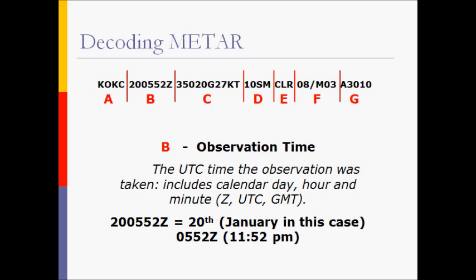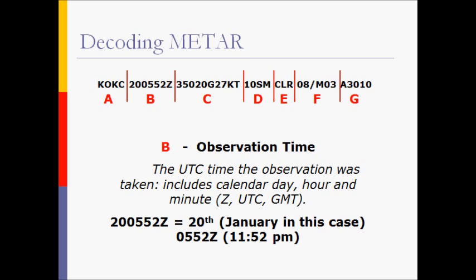The next 4 numbers give the UTC time that the observation was taken at. UTC is also sometimes called GMT, which stands for Greenwich Mean Time. It's the current 24-hour time in Greenwich, England. Since there are weather observations taken every hour at numerous countries all across the world, and this data is exchanged between these countries, there needs to be a set time that nations can agree on to use.